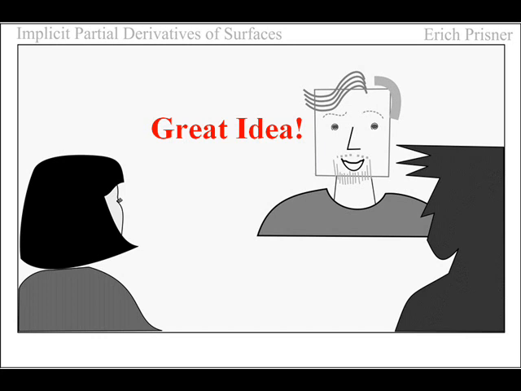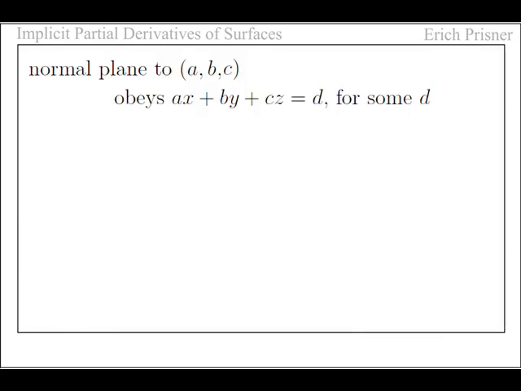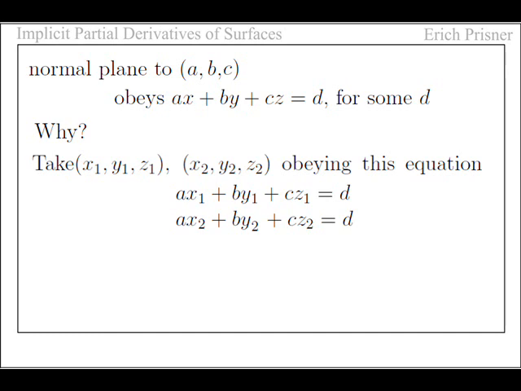Before I show how, let me briefly demonstrate why the normal plane of a vector a, b, c has the equation ax plus by plus cc equals d for some d. Why this? Take 2 points x1, y1, c1 and x2, y2, c2 obeying this equation. The vector between these points is x2 minus x1, y2 minus y1, c2 minus c1.